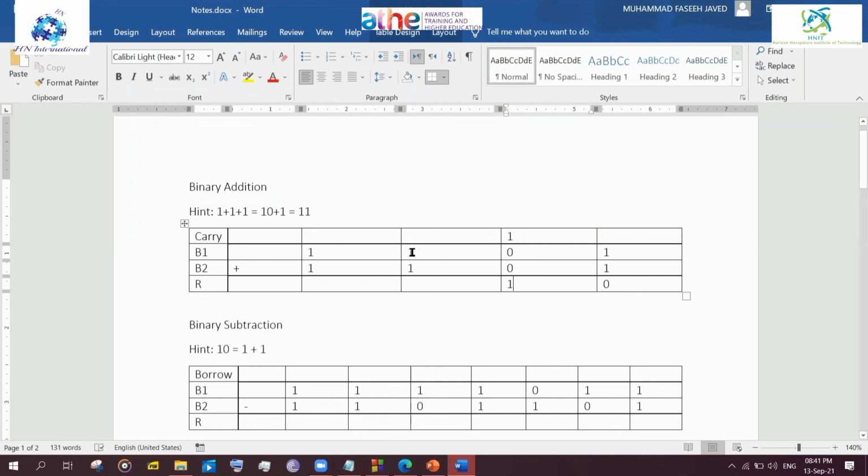Now again here, we have two ones, so we just solve that. It would become 10, so 1 would get carried. Now here we have three ones. How are we going to solve that? Here is a hint: we use the divide and conquer rule.